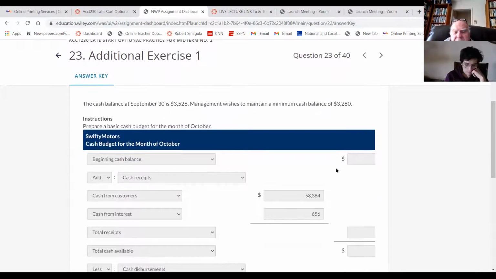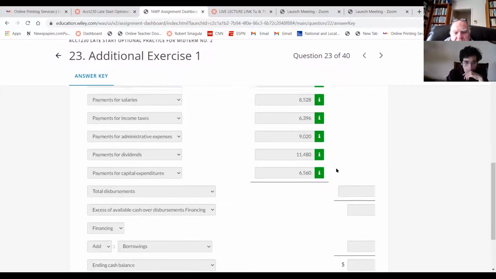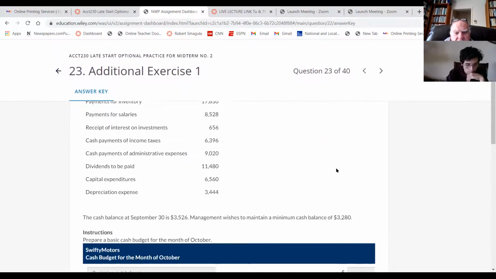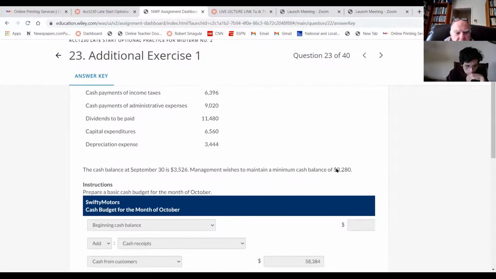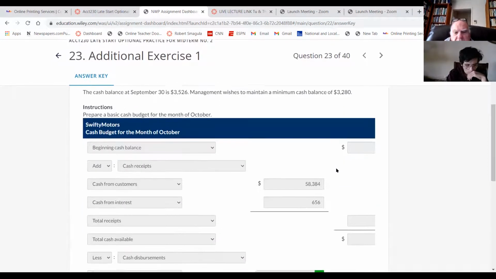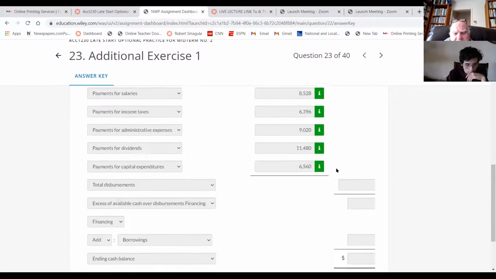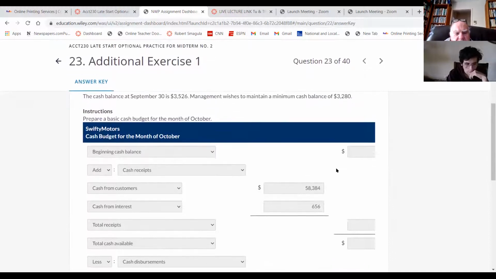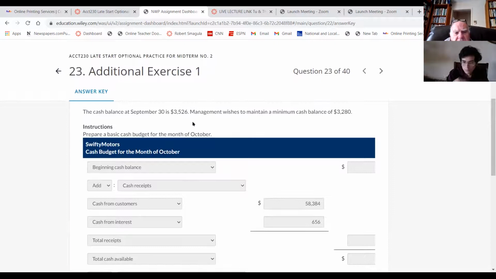Apparently they want you to do an entire cash budget. And it looks like they have the cash balance. If they give you the template, here's your beginning balance, right? 3,526.